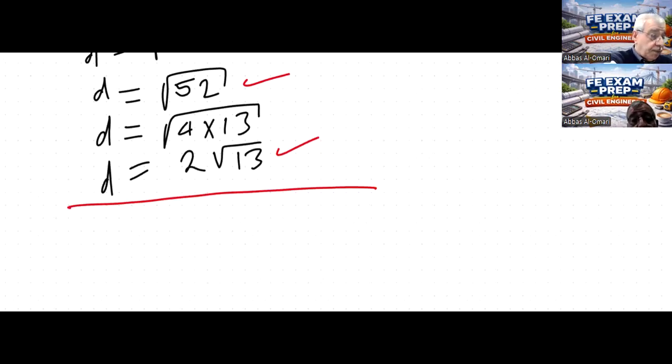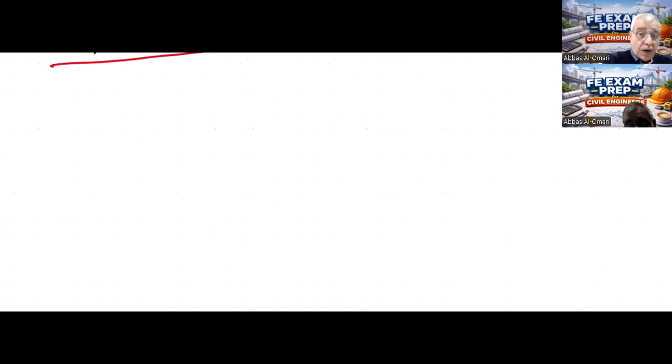Now, the next question is to find, again, the equation of a straight line by knowing that the straight line is perpendicular to a given another straight line. And we know also a point on the straight line.